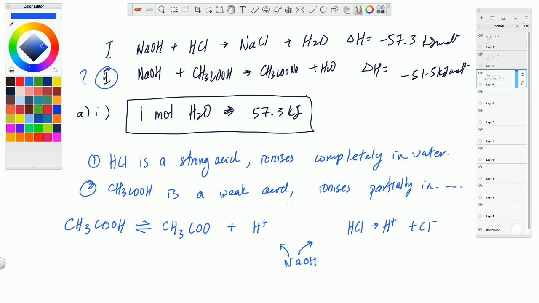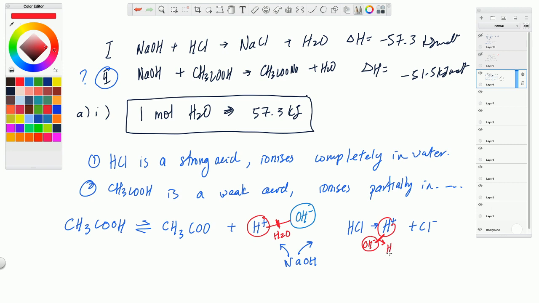For neutralization, the OH ion is the one that reacts. Okay? OH ion will react with hydrogen ion to form water.